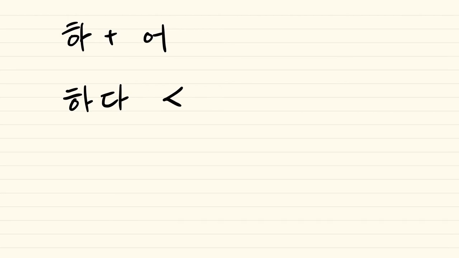So in order to understand why, for hada, the connecting vowel is different, we have to go back in time and look at how the Korean sound has changed over time. So hada is not the original form. It comes from this form, which is written with a dot here and ta.